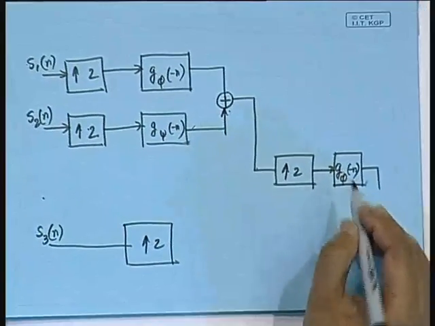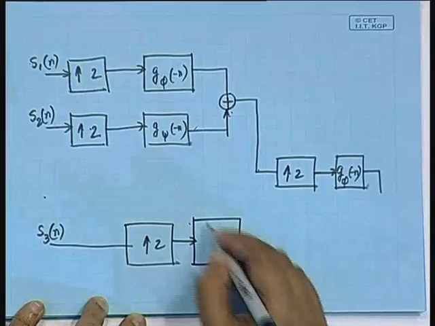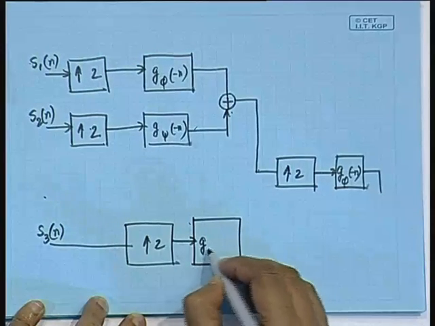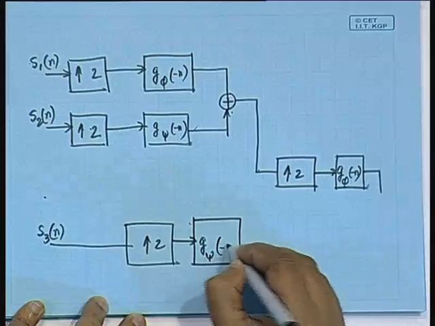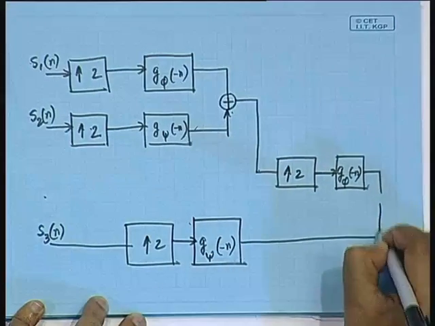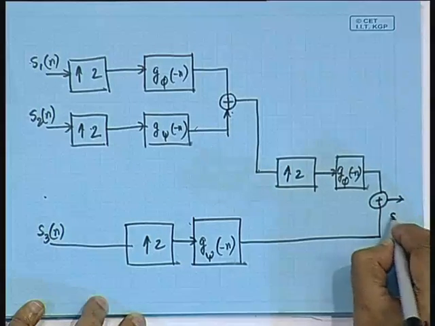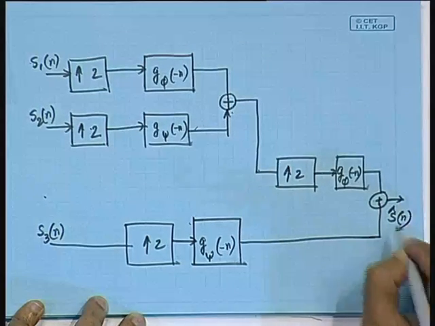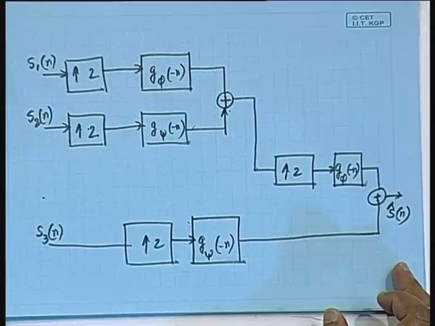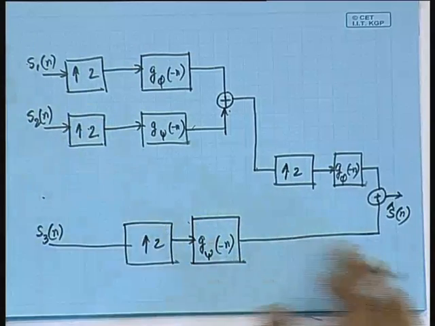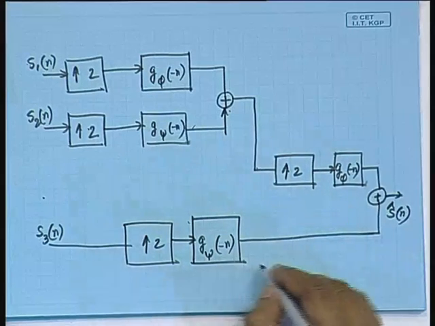Now, S3 of n we will pass through a G psi of minus n, add it up, and this will realize S cap of n. So, we can realize S cap of n using this. This is the synthesis filter bank.